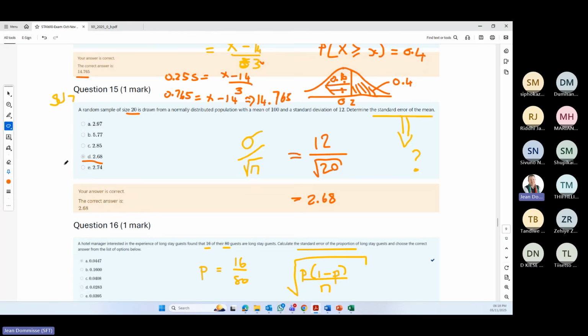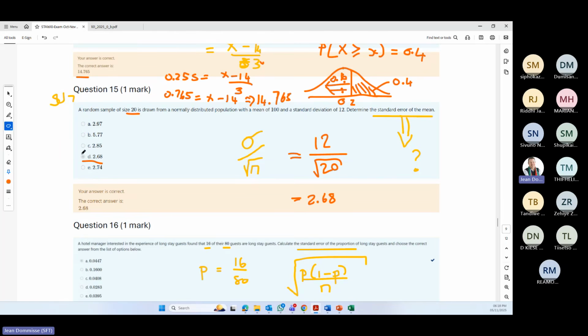I don't know how you get to some of the others. Basically, remember standard error is your standard deviation divided by square root of n. It might have been if you said 100 divided by that or something.